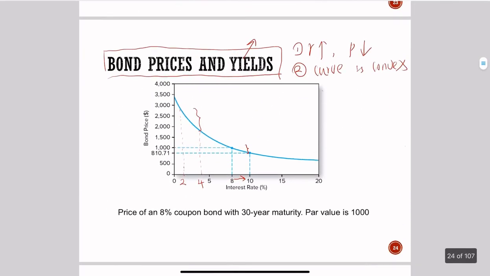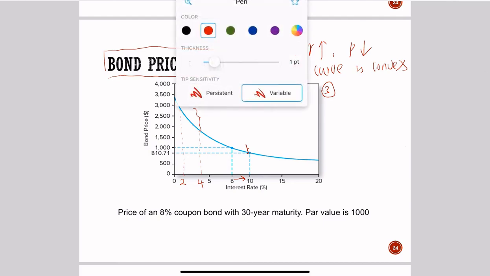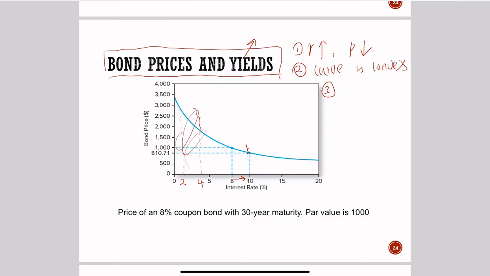Now, what's the third observation? Our third observation is about the premium bond and the discount bond. If we look at different levels of interest rate, let's say I look at 1 and 10.